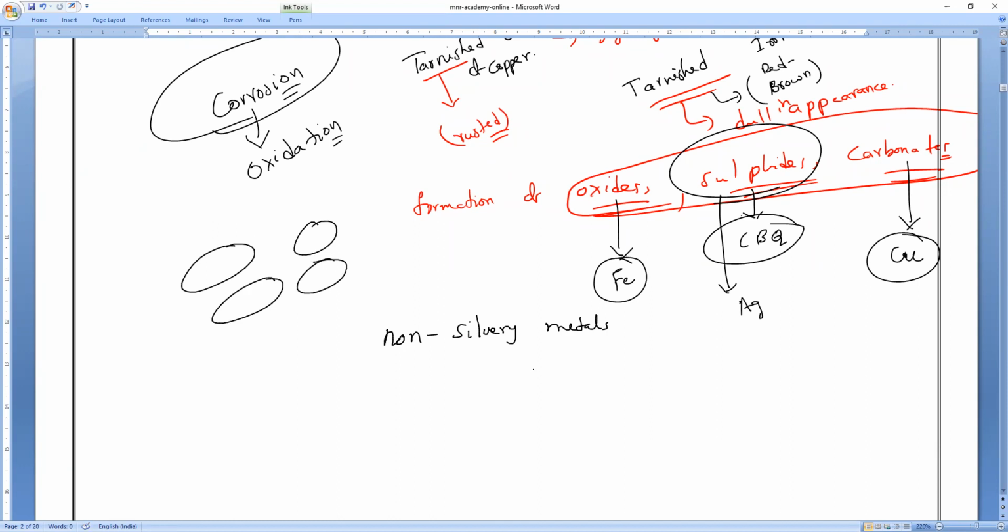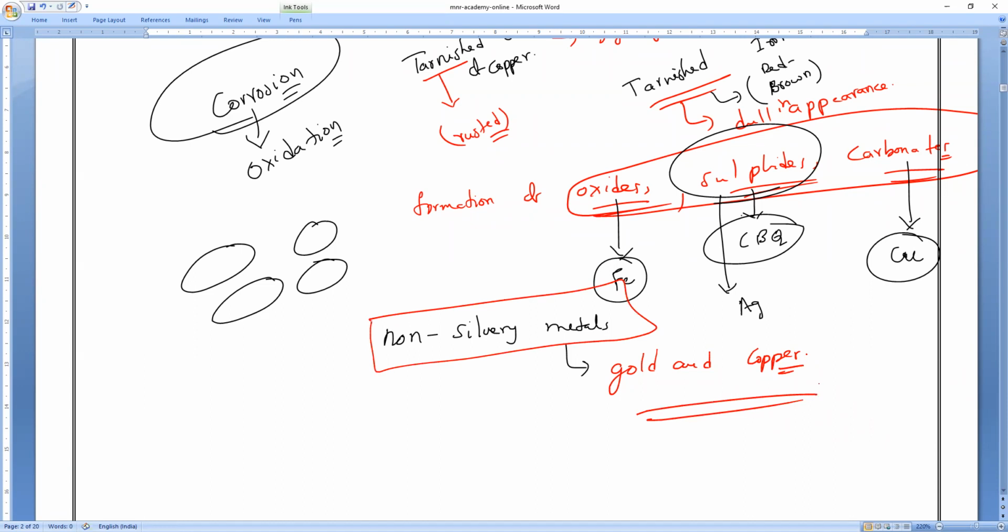Sir, gold. Yes, non-silvery metals do not have an appearance similar to silver. One is gold, and the other is copper. That is why they are called non-silvery metals. Please list it. All of you understand?